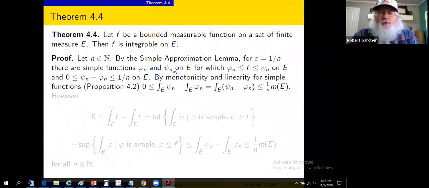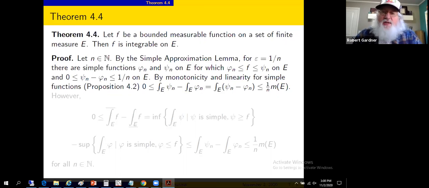Okay, I'm going to use a little bit of knowledge from our past, chapter 3, the simple approximation lemma. Let n be a natural number. The simple approximation lemma said, for any epsilon greater than 0, take epsilon to be 1 over n, there are simple functions, phi sub n and psi sub n on set E, for which f is sandwiched between those two simple functions. And the two simple functions are within epsilon of each other.